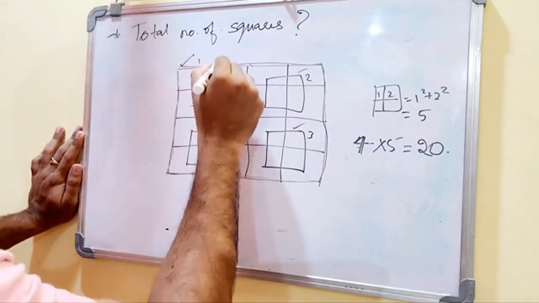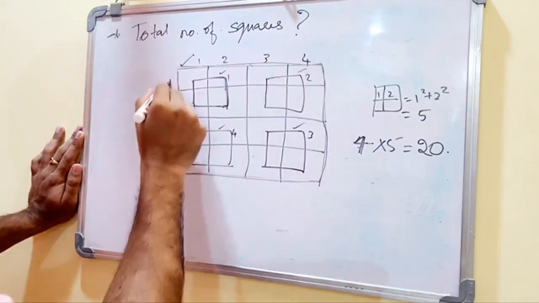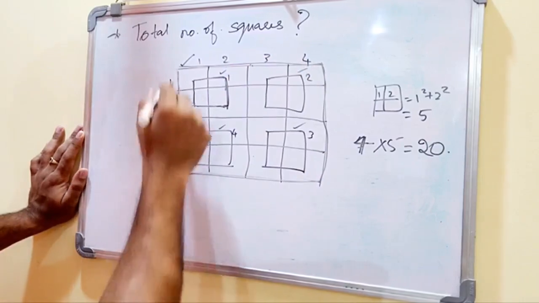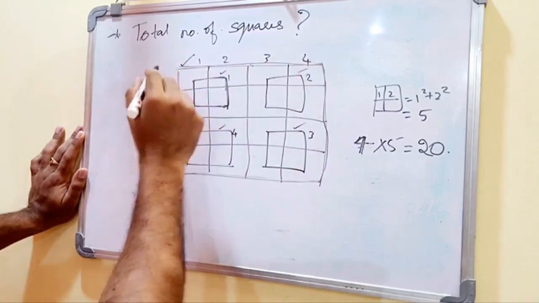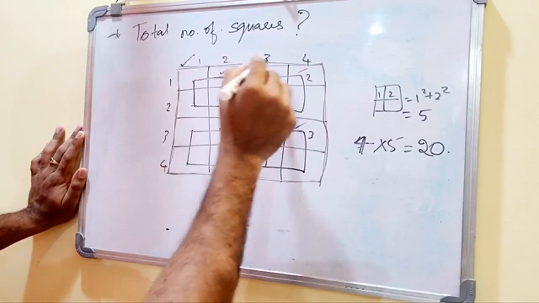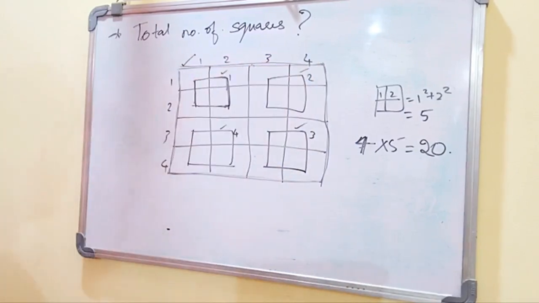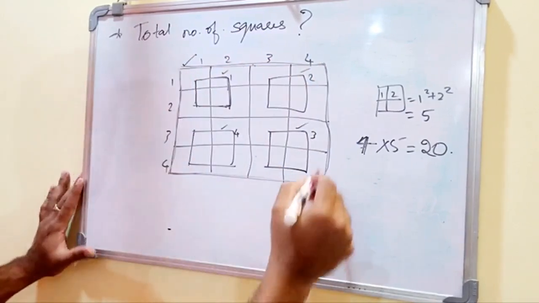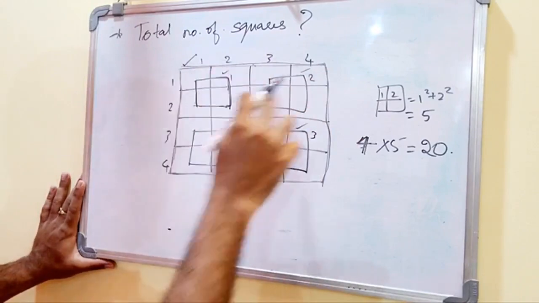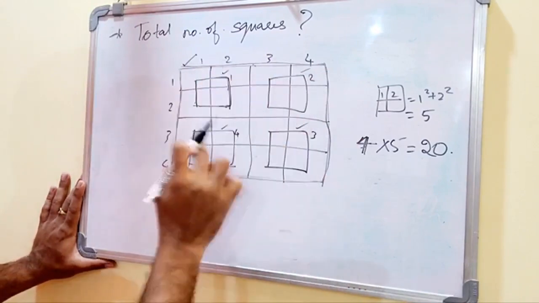We have 1, 2, 3, 4. So this is one big square, and within this big square there are small squares. So how many squares does this big square contribute without these smaller squares? This 1, 2, 3, 4 squares.